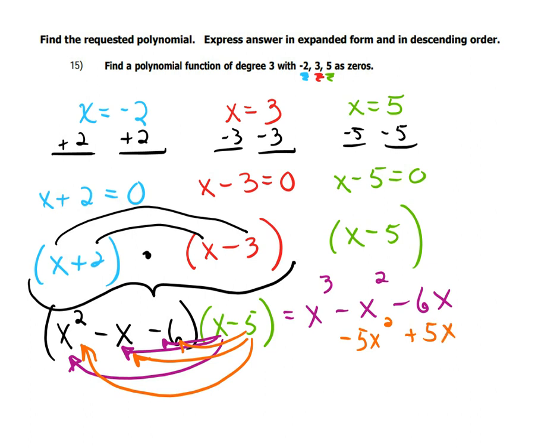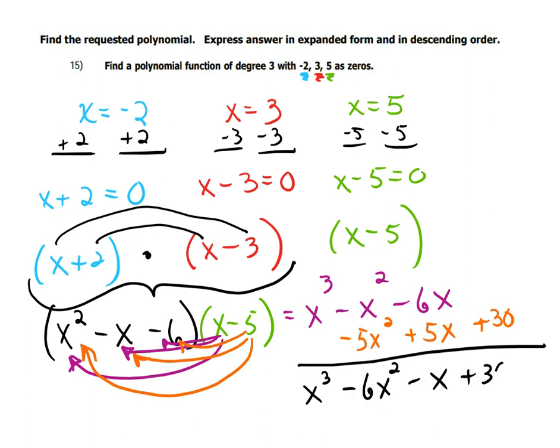And -5 times -6 is a positive 30. And then I'm just going to combine like terms. So my answer would be x cubed minus 6x squared minus x plus 30. And that is my polynomial answer in expanded form in descending order. And there you go.